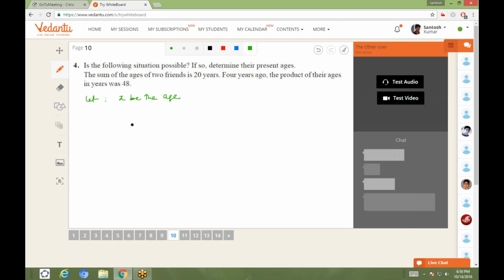We also have to do one more problem. Let X be the age of the first friend. And the second friend's age, according to the question, is 20 minus X. Good, Chirag. As the question says, the sum of the ages of those two friends is 20 years.